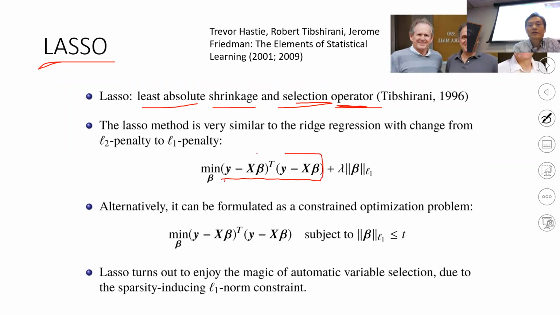So they minimize not only the loss function, the least square, but also a function of the beta values themselves. And they use a very simple function, which is the L1 norm of beta.